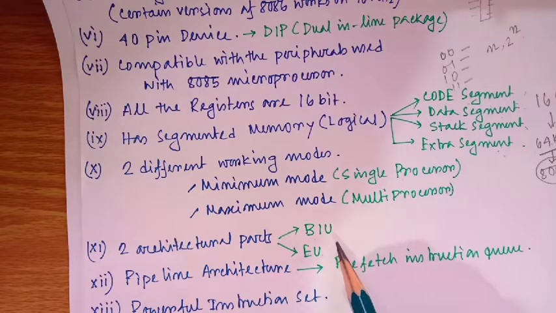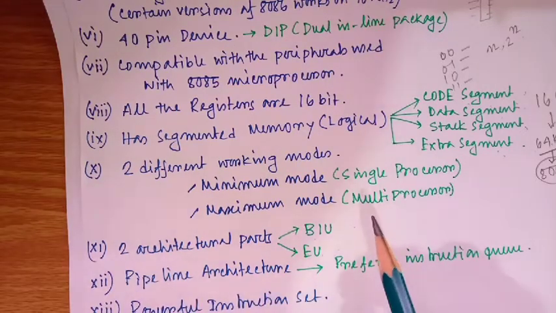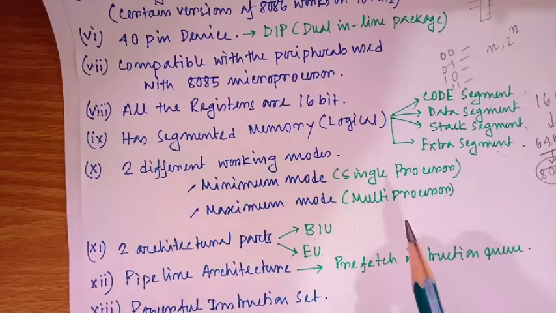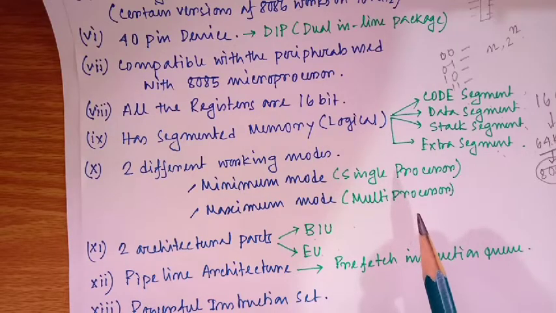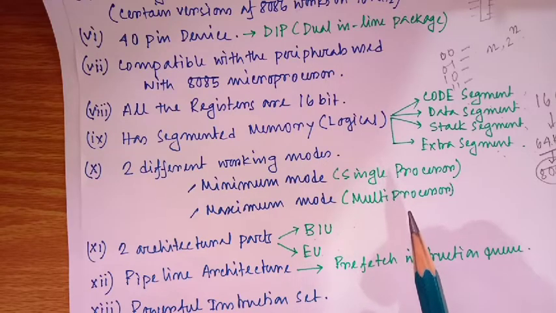What is the function of BIU? We should remember it this way: bus interface unit. That means this portion of 8086 provides all the necessary hardware that is required to provide connection between different buses.